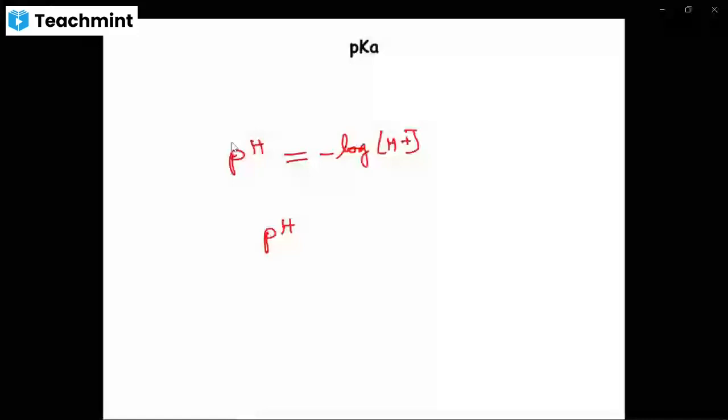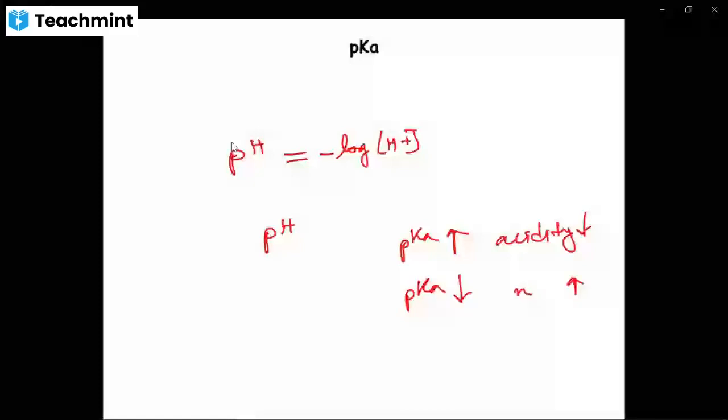Similarly, we can say for pK also that for a weak acid, if the pK is higher, that means acidity will be lower. Similarly, if pK is lower, that means acidity will be higher. So for pK you just have to remember this.